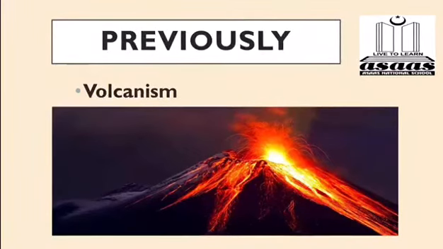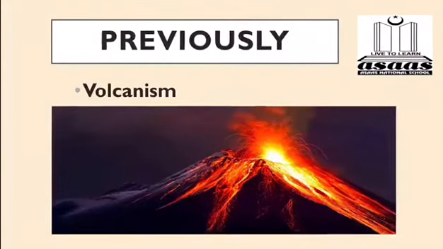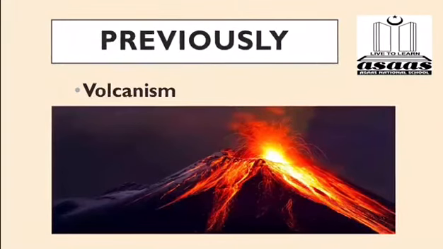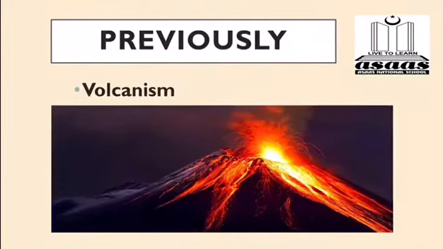A volcanic event occurs when there is a sudden or continuing release of energy caused by near surface or surface magma movement. Volcanic activity occurs at two types of plate boundaries, that is mid-ocean ridges and subduction zones.